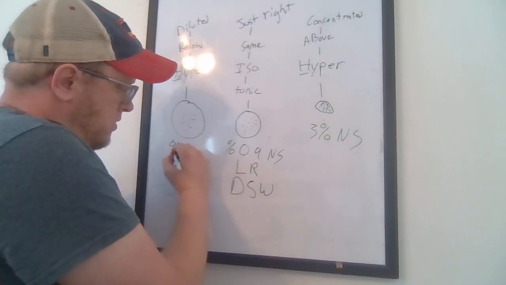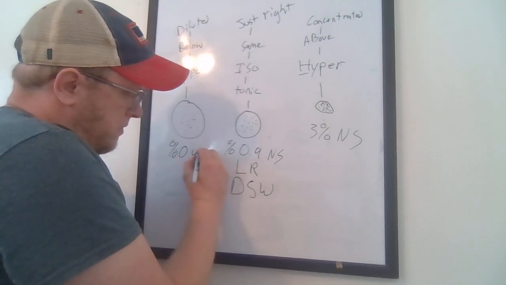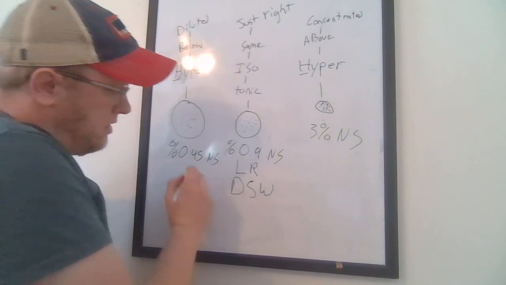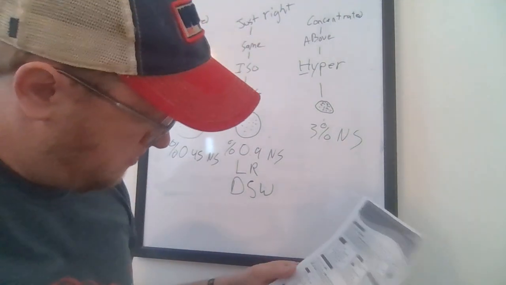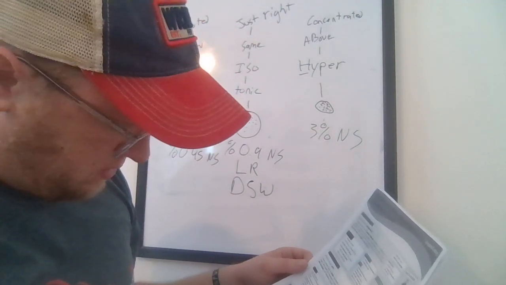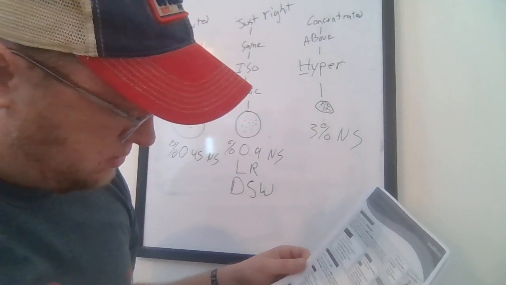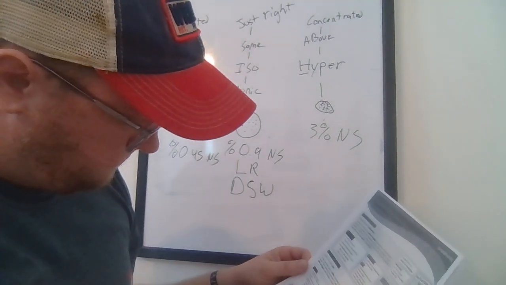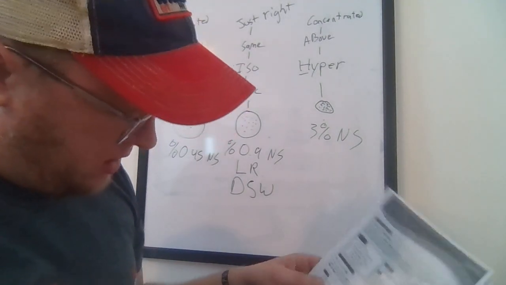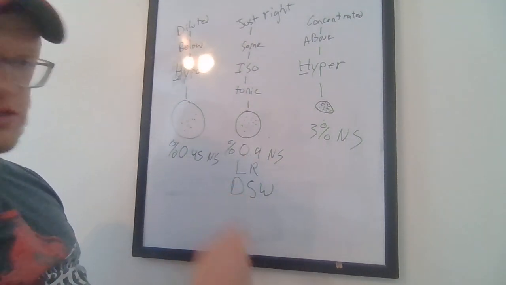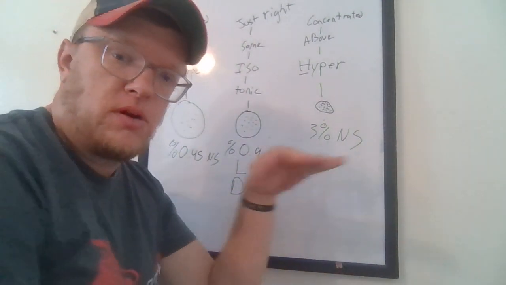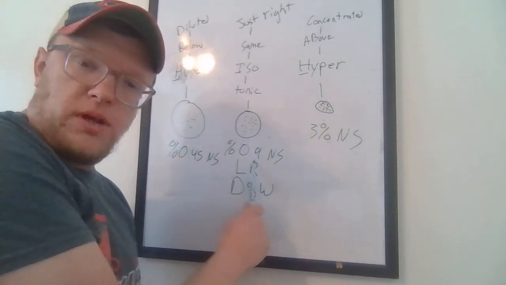And 0.45% normal saline is your most common hypotonic solution. Any percentage below that, so think ground zero or breaking even is 0.9%.